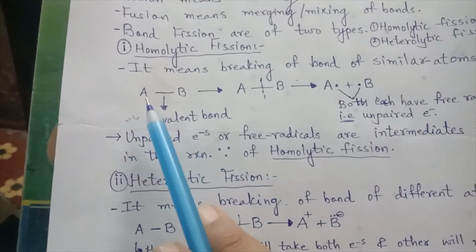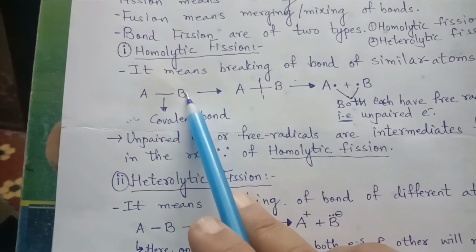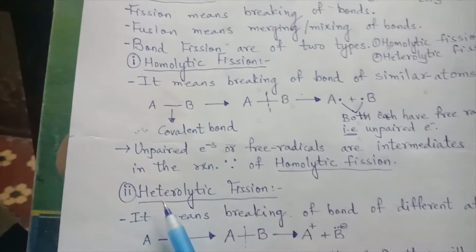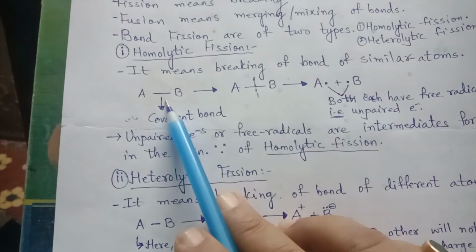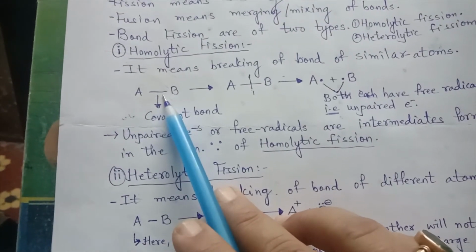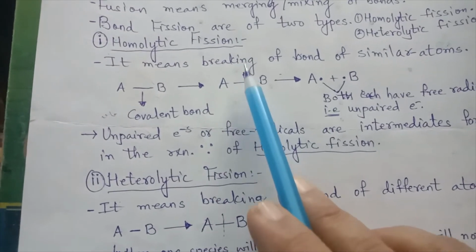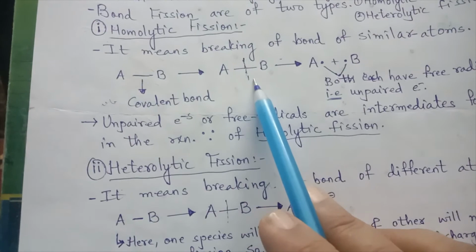Now suppose here are these atoms which are similar and they are bound together with a covalent bond, right? Then this covalent bond can undergo the fission process, which means breaking of the bond takes place.